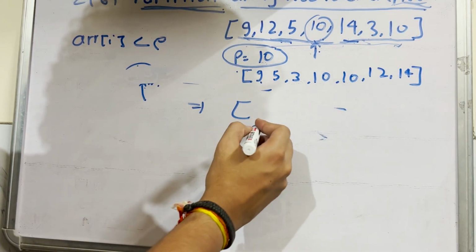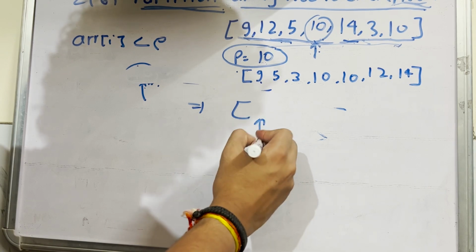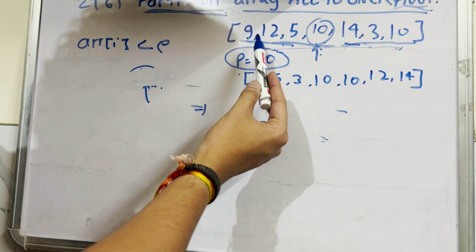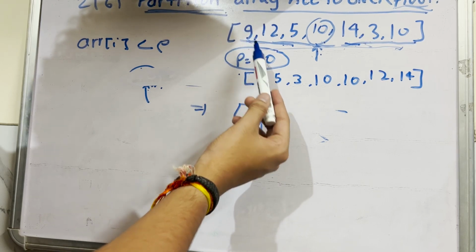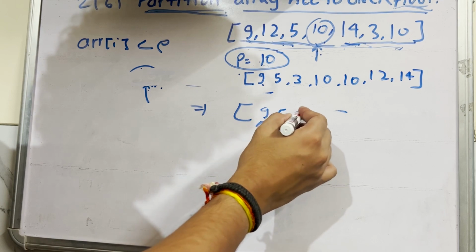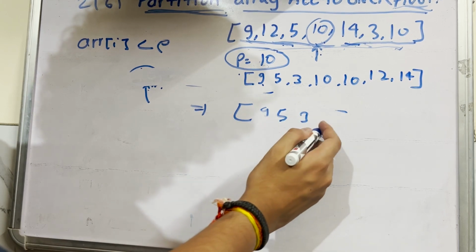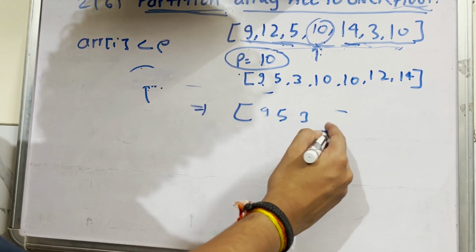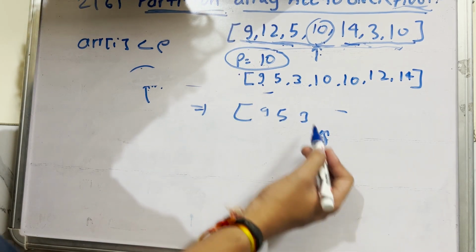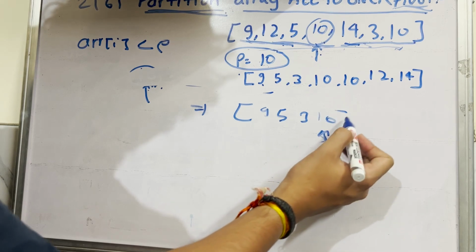So simply we can use an index or pointer I which will increase its value. First we insert smaller values which are less than the pivot, for example 9, 5, 3. So our I will be pointing here. Okay. Next we will insert values equal to the pivot. So we will scan through the array, we will find 10.